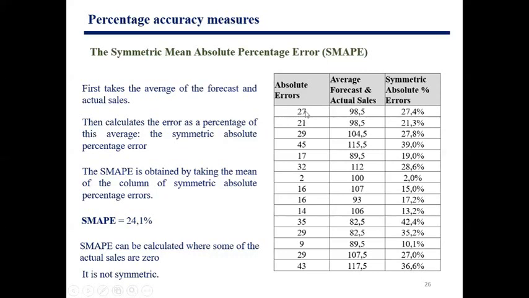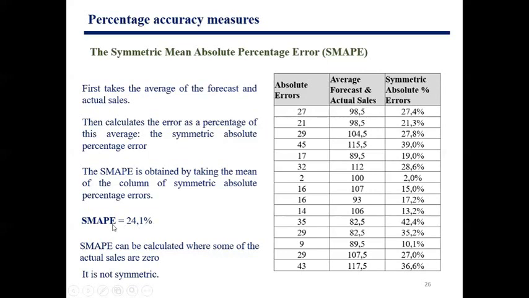Instead of dividing the absolute error by the actual sales, you divide it by this average. So here you have 27.4% for the first week, and you do the same thing for the other weeks, and you will find the SMAPE equals 24.1%.